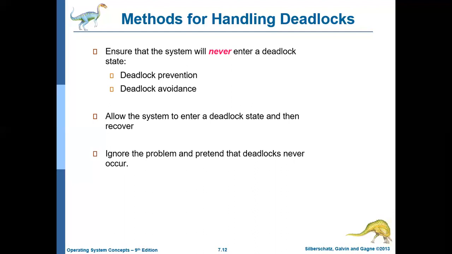So you might be wondering how the third case will work. But in most cases, the third method is also fine because deadlock is not a situation which a computer will encounter frequently. It is a rare occurrence. The system may enter a deadlock state maybe once or twice in a year, so if you ignore it, it is not going to be a big loss.